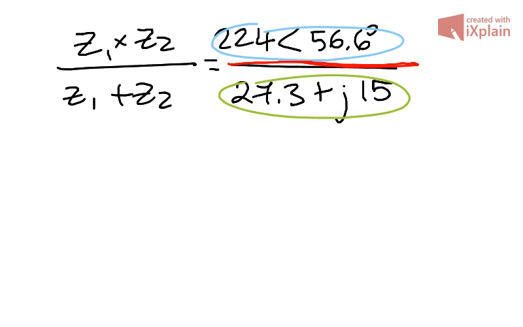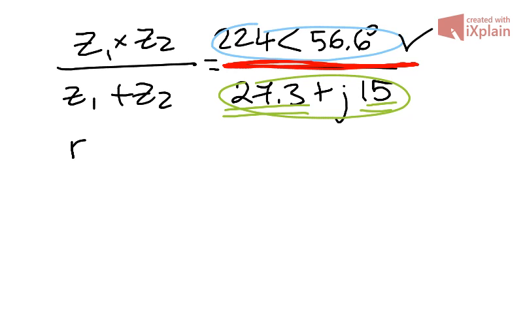Because this is a quotient, a division, the best way to divide complex numbers will be to use the polar form. So the top one is already good, it's in polar form, but it means we have to do all the work with the number on the bottom, 27.3 being the real part, 15 being the imaginary part, and we'll need to find the r and the theta, the magnitude and the angle.